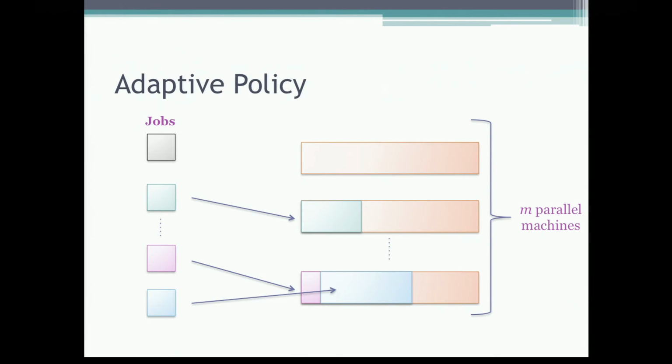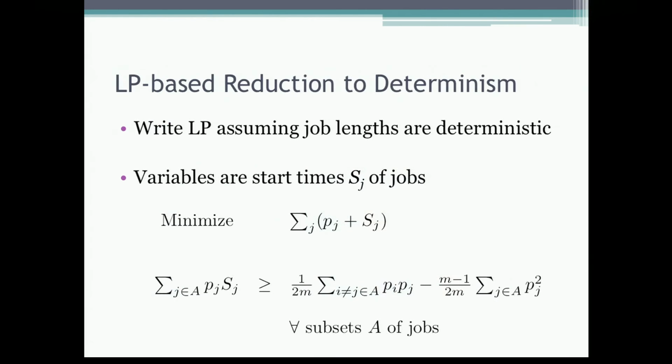So if the job lengths were deterministic, there is an LP for solving this problem. That LP actually encodes time. So you have variables Sj, which is when job j starts. Okay, so here everything is deterministic. So this is the standard machine scheduling problem where you know the job lengths and you're trying to assign them to machines.